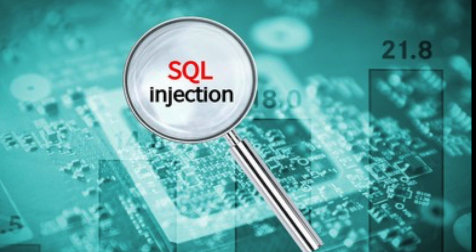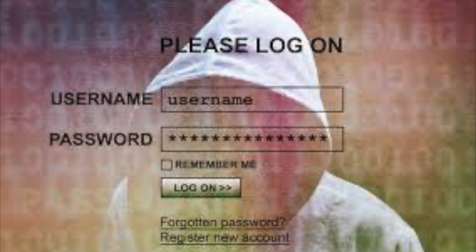So what are the types of SQL injection? There are many types of SQL injection vulnerabilities, attacks, and techniques that can arise in different situations. Some common examples are retrieving hidden data, where you can modify an SQL query to return additional results.